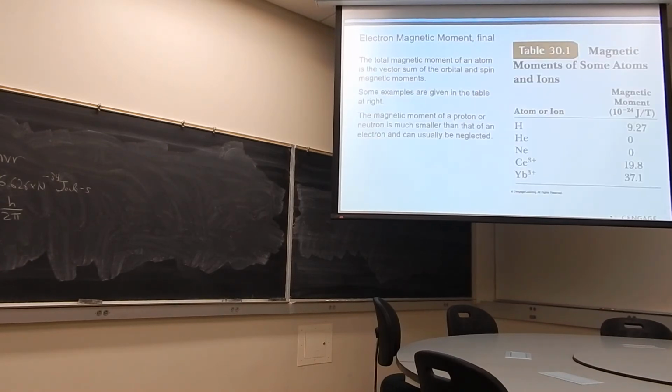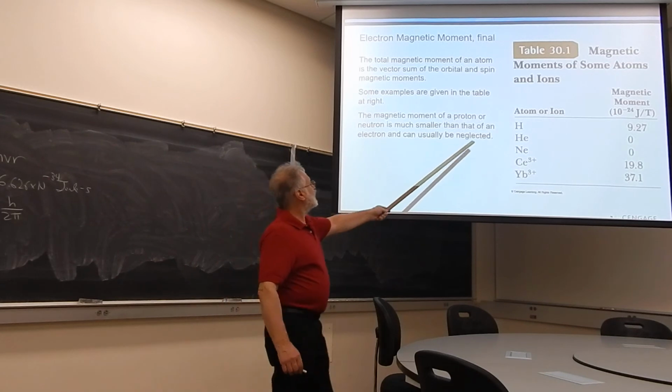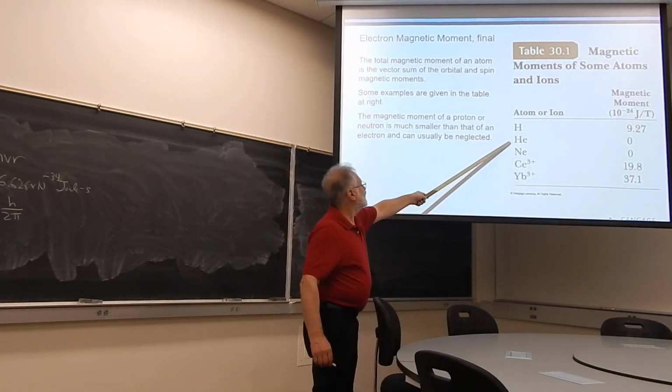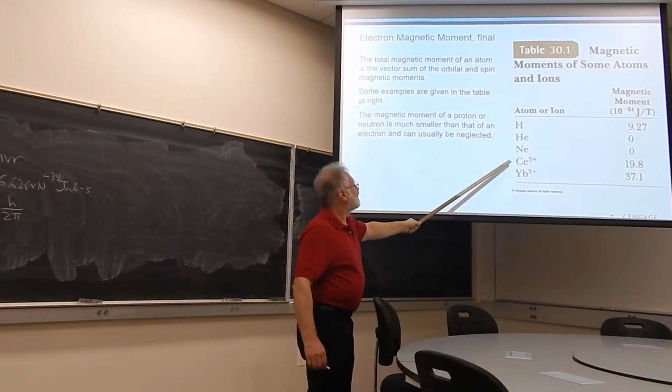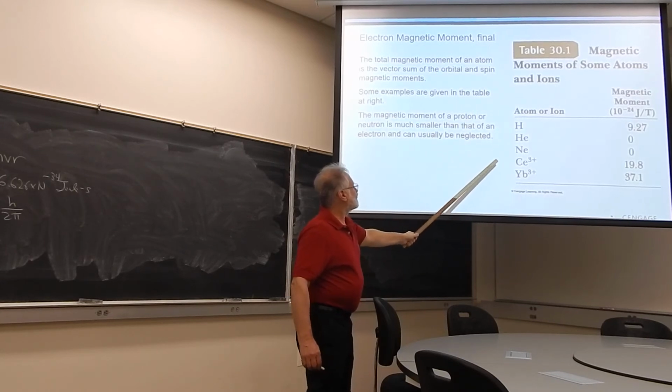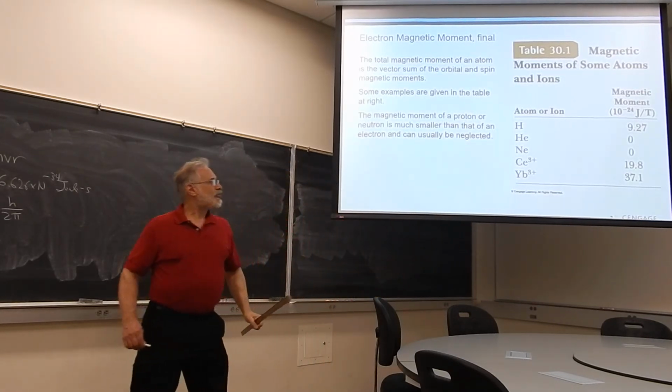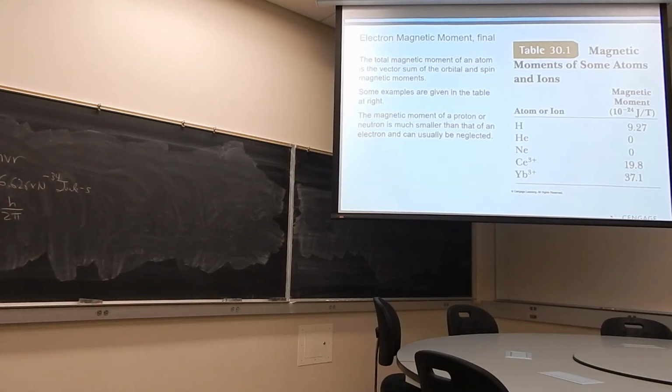And we can put up a chart of some magnetic moments that are attributed to particular atoms or ions. For example, hydrogen has a fairly large magnetic moment. Helium and neon have zero magnetic moments. And then you have larger ones, cerium, erbium, and so on. The fact that we have non-zero magnetic moments leads to magnetic properties.